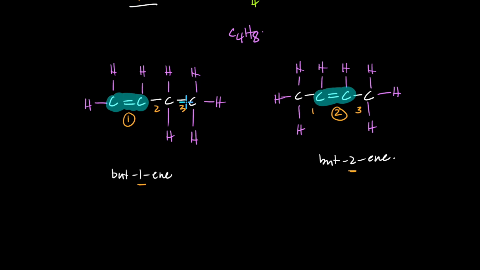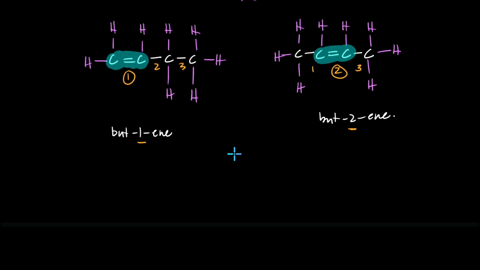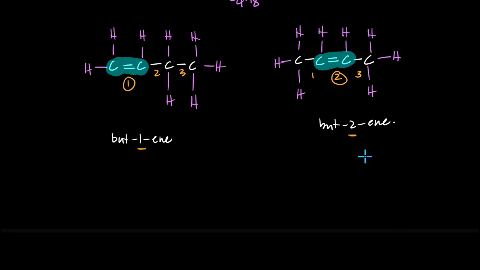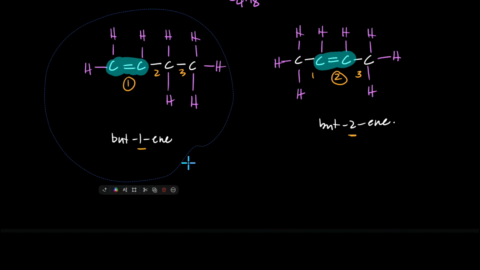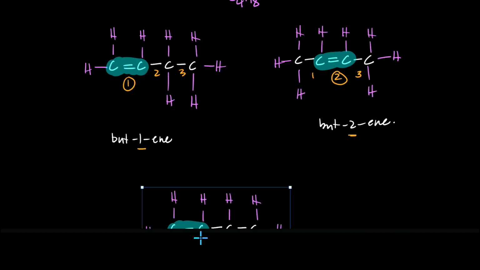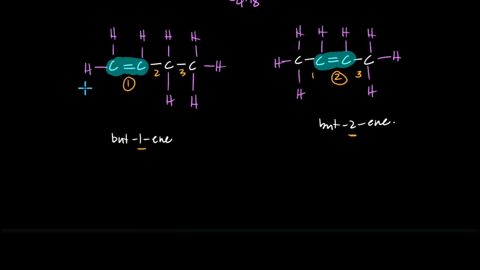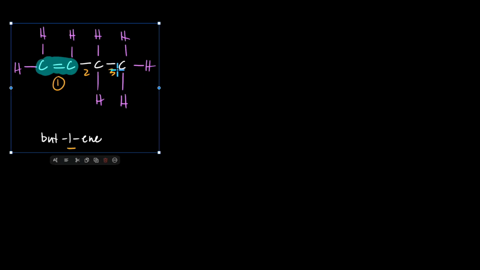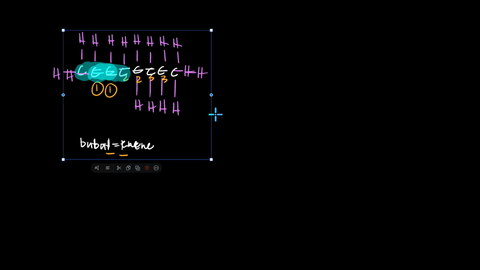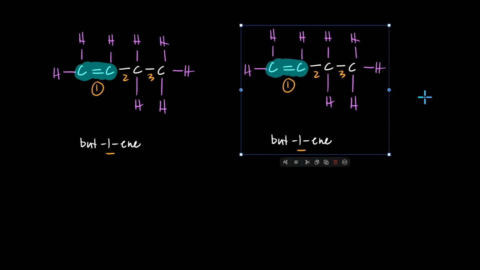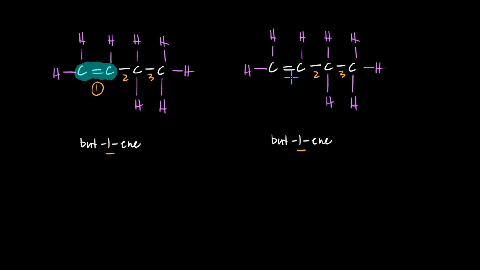So if I were to make a but-3-ene, it would look very much like this. In fact, if I were to take but-1-ene, duplicate it and bring it to the other side. Now make but-2-ene.